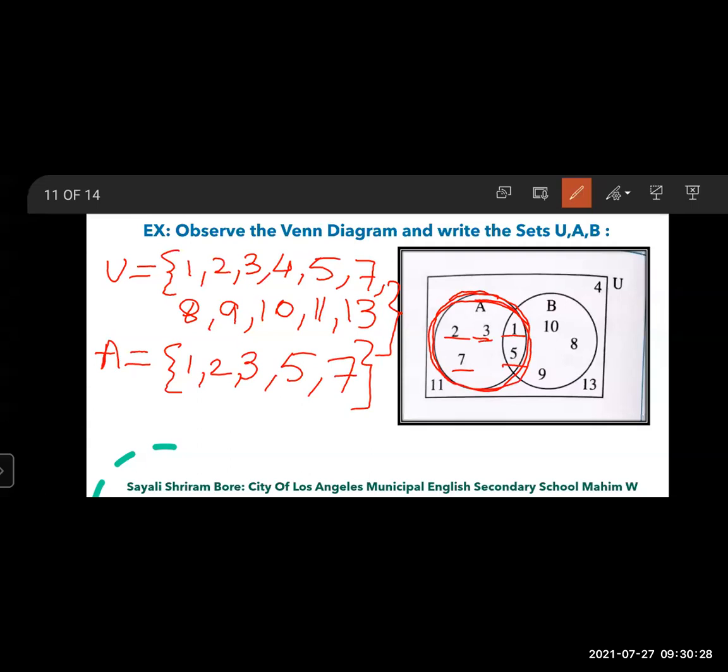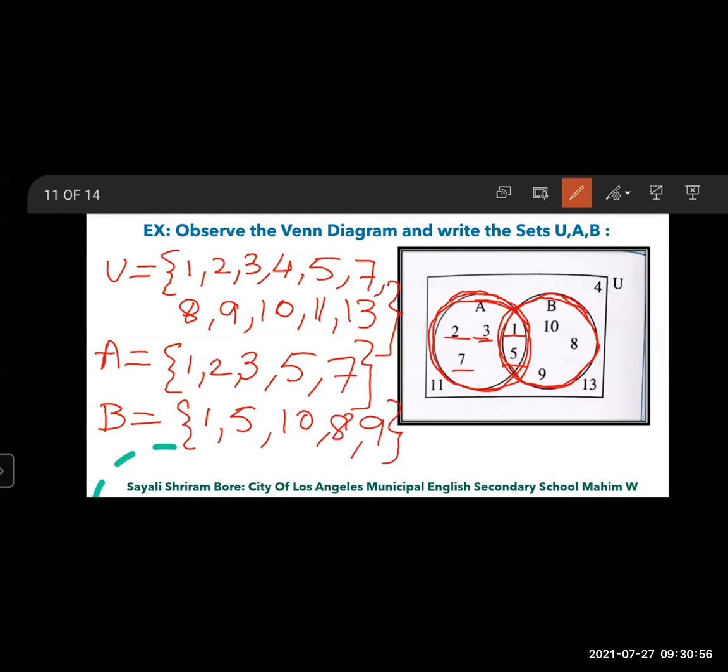Yes. So here write down all the elements. In a similar way, set B is equal to. Now here also, this is the set B. Which are the elements in set B? 1, 5, 10, 8, 9.